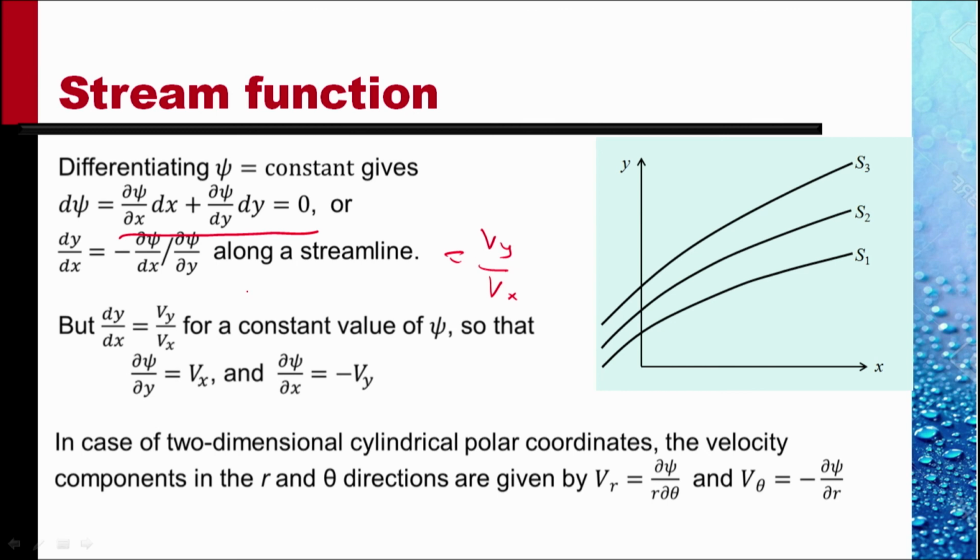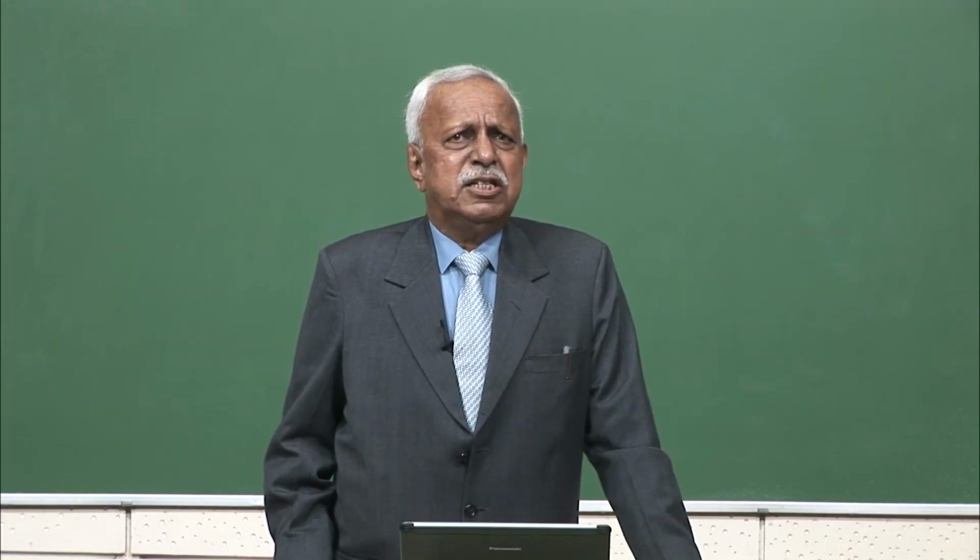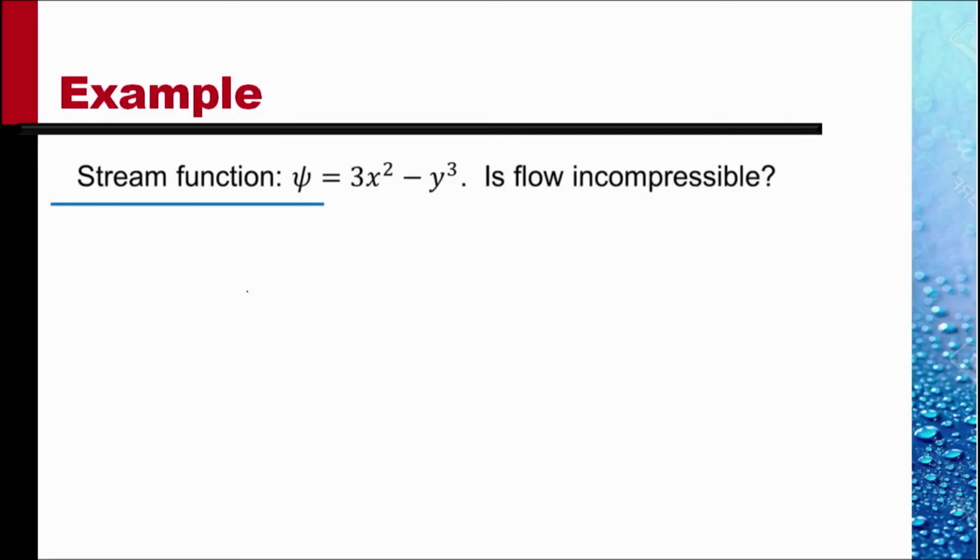Let's do an example. A stream function is given as psi is equal to 3x squared minus y cube. Is the flow incompressible? How can you find out whether the flow is incompressible or not from a stream function? Yes, we can find the velocity components Vx and Vy from the stream function.